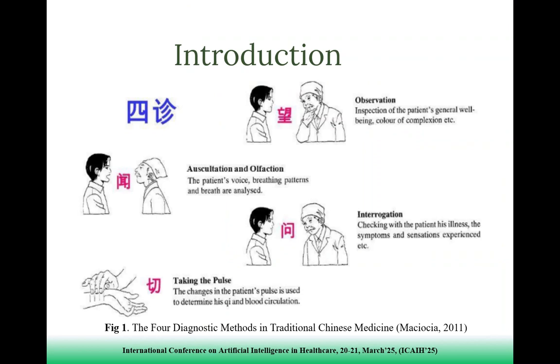For observation, the practitioners inspect the patient's overall well-being, the color and complexion, etc. Auscultation and olfaction analyze the patient's voice, breathing pattern, and breath. Interrogation means checking with the patient about their illness, symptoms, sensations, and experience, etc. And lastly, taking the pulse: changes in the patient's pulse are used to determine their qi and blood circulation.